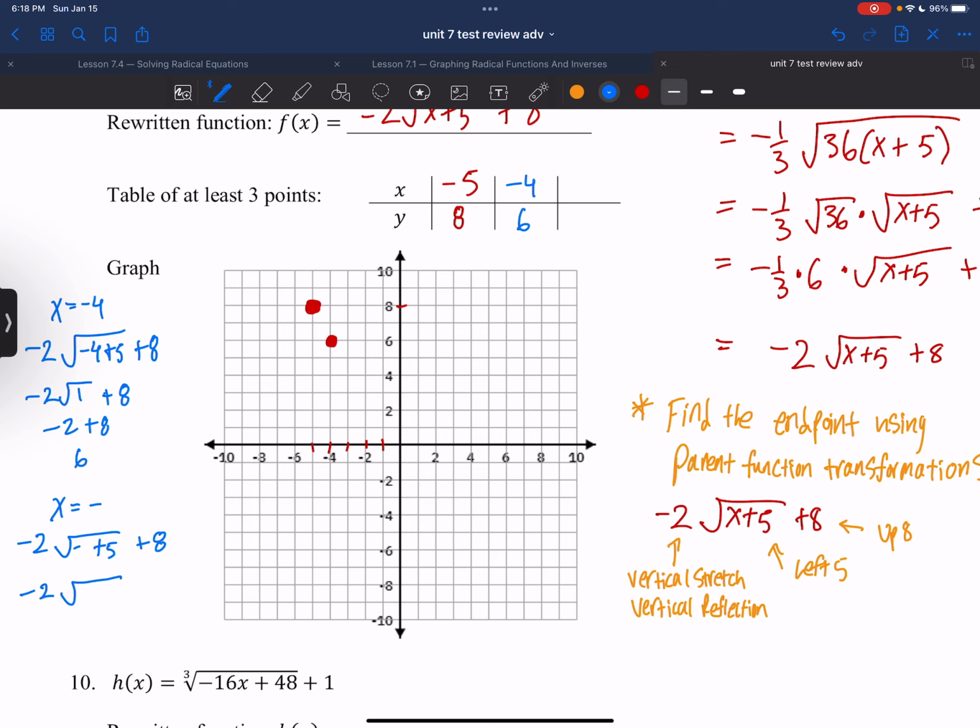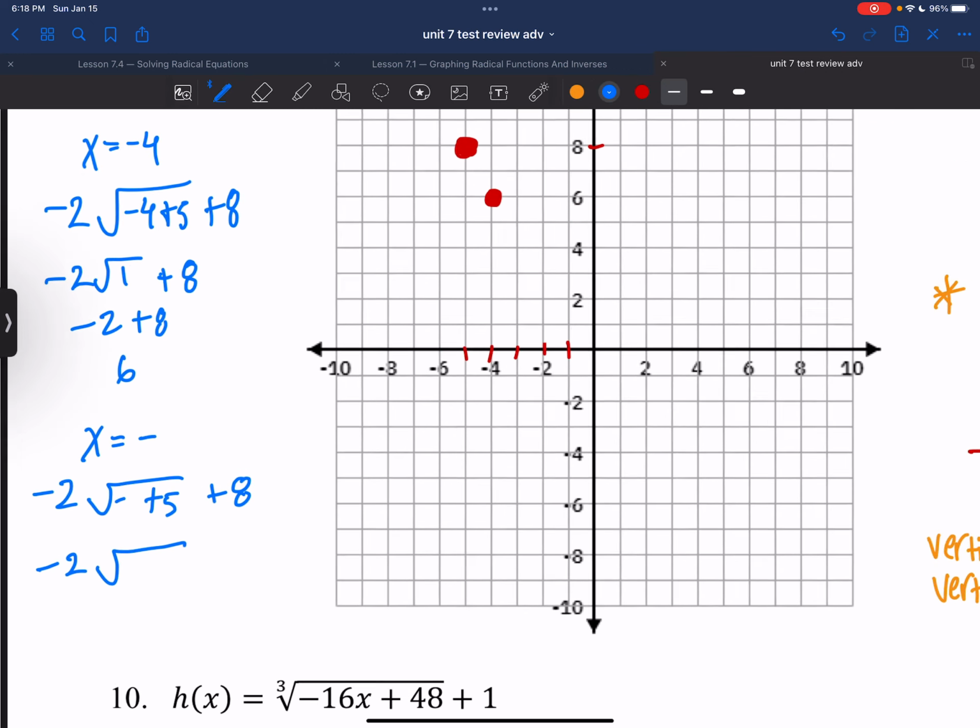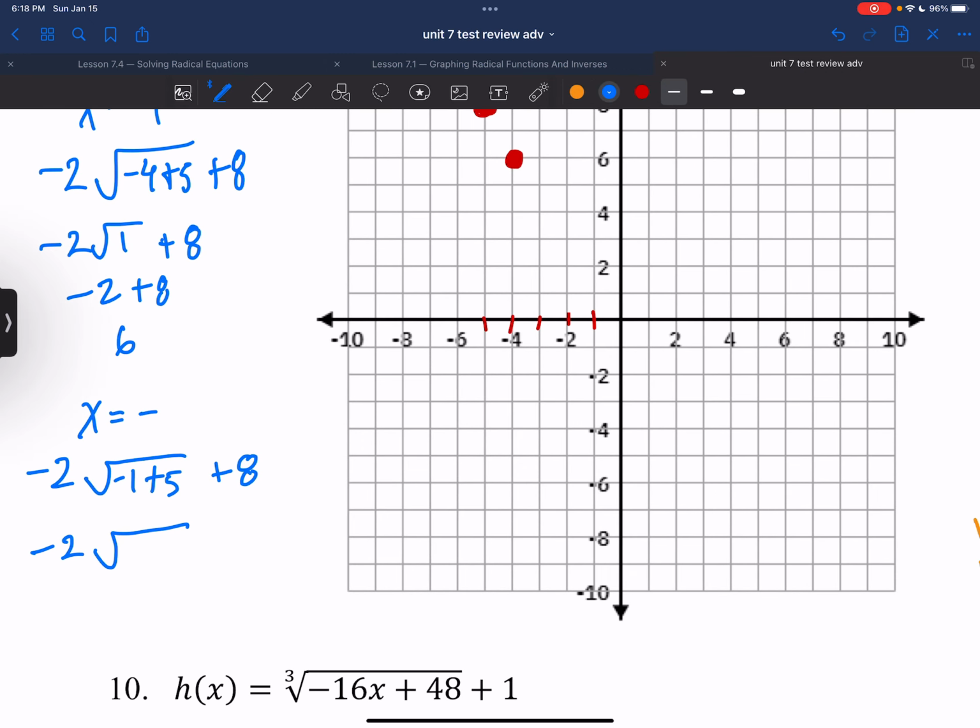I've taken the square root of 0. I've taken the square root of 1. The next one I want to take the square root of is 4. So what value for x plus 5 is 4? That'd be x equals -1. So this is -2 times root 4. Well, that's -2 times 2, which is -4, plus 8, which is 4.